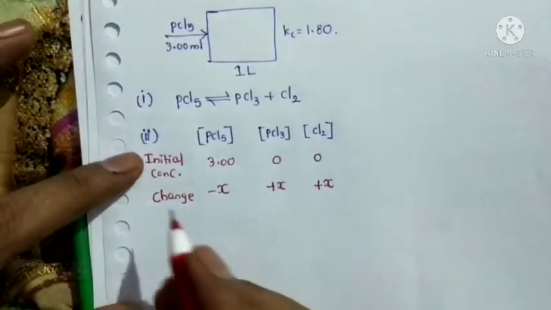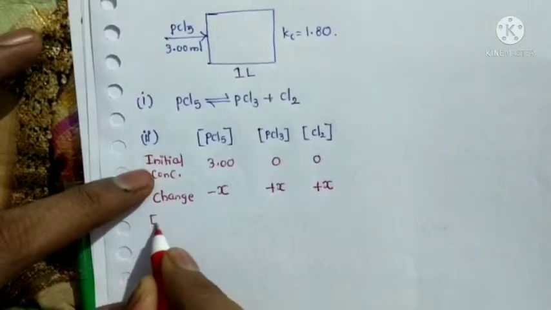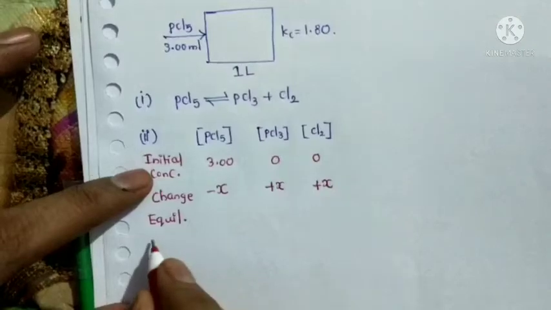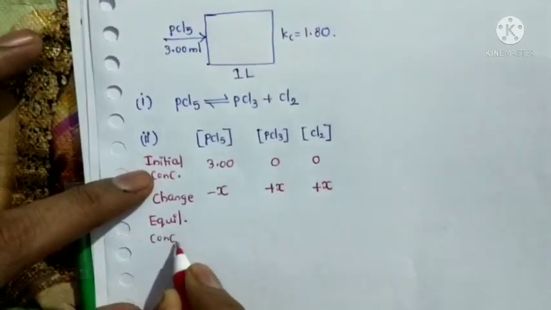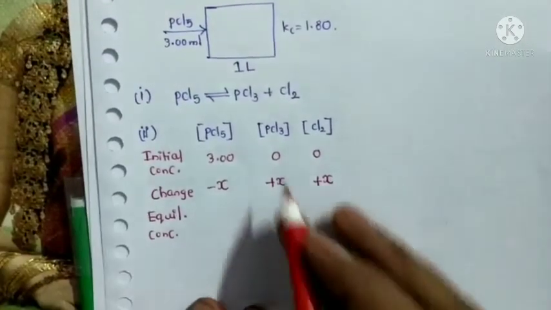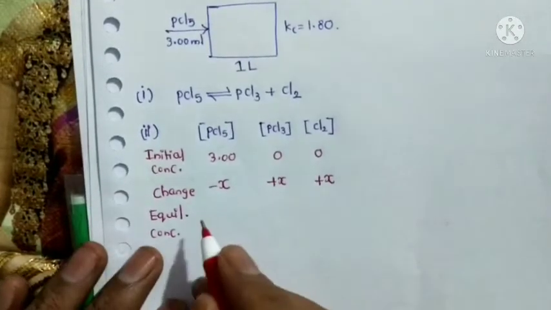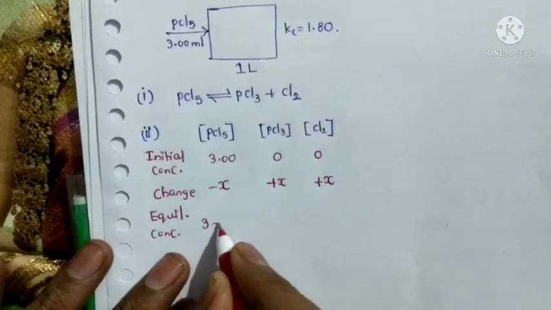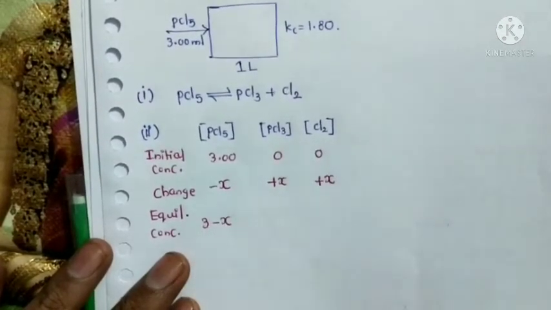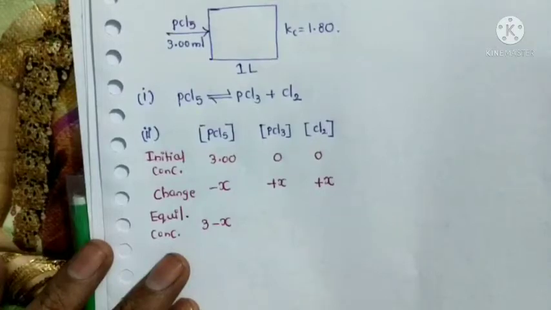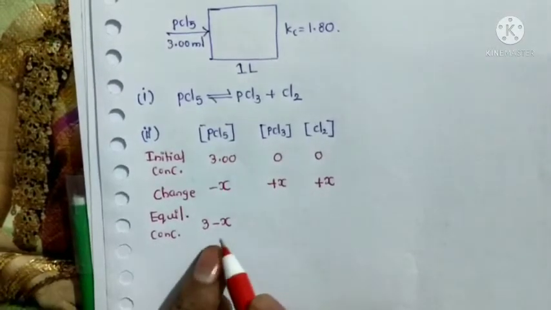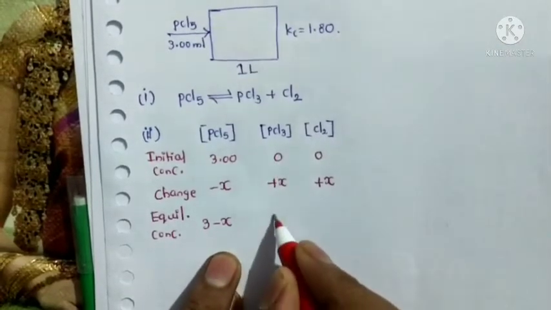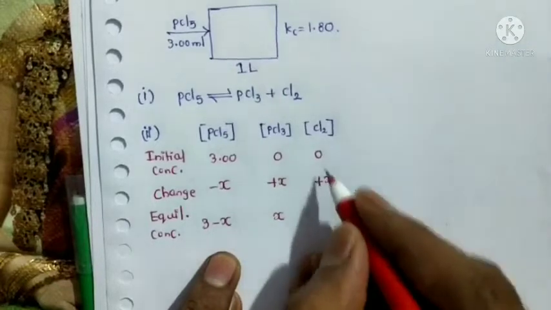So now the equilibrium concentration. How much is the equilibrium concentration here? 3 moles, and minus X moles consumed. Here also X moles, and here also X moles.